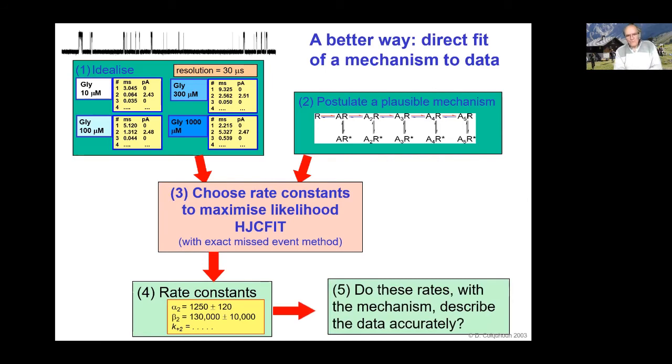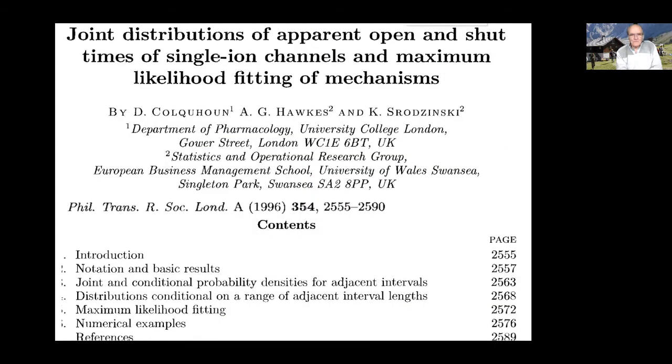Because we go straight from the list of open and shut times to the estimates of the rate constants, we don't have to display any distribution at all. Of course, it's advisable to do so to check that they look good, but we don't have to. So what we've got to do now, having got these rate constants, is to check whether they fit the observed data accurately.